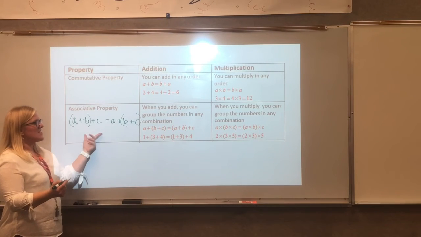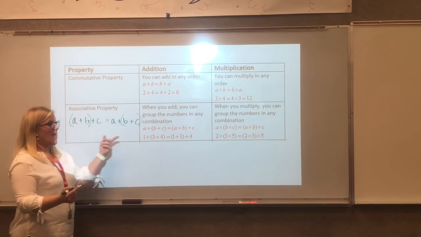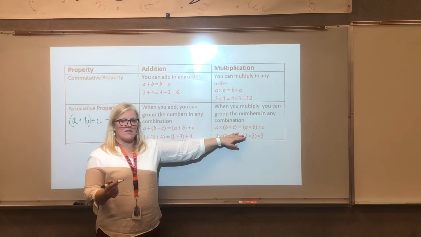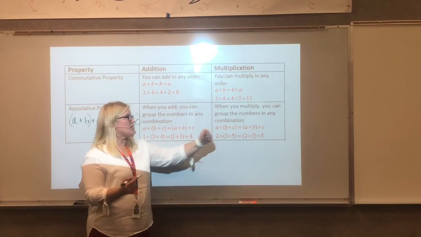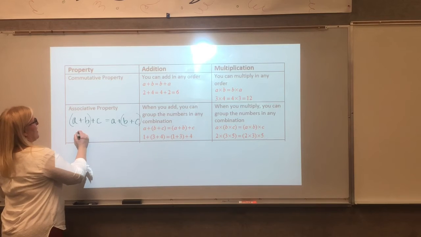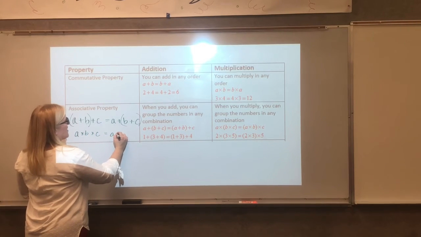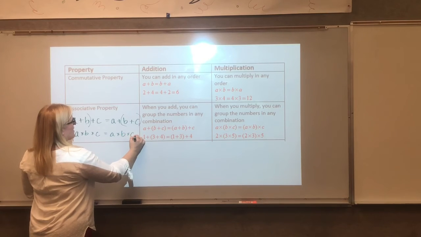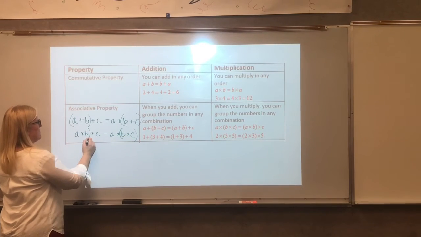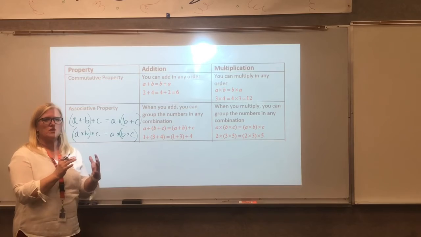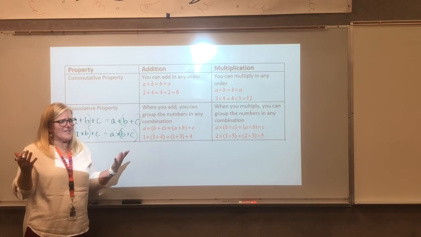So that is the associative property, and it works with multiplication too. A times B times C equals A times B times C, and I group them again. They're just grouped a little bit differently, but we're all still friends, right?